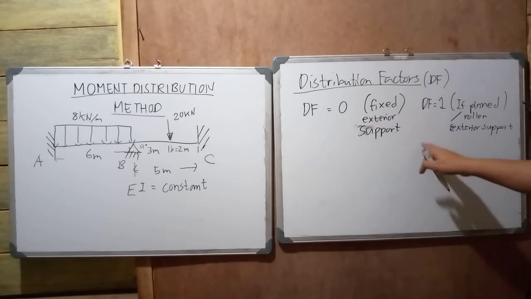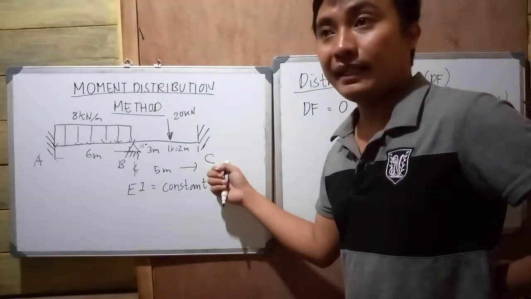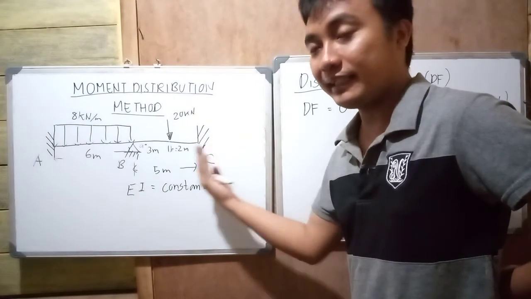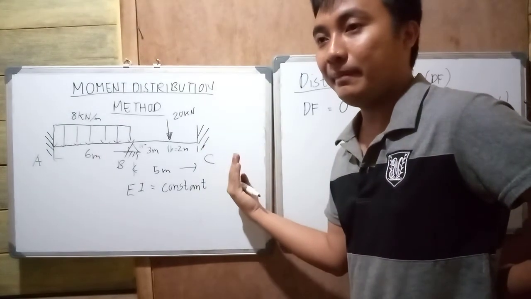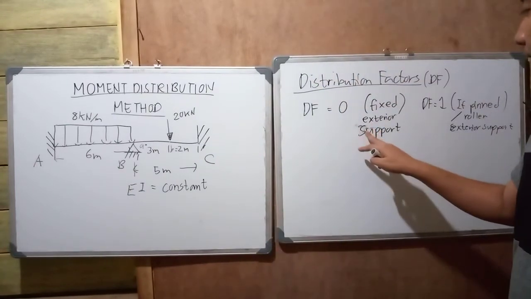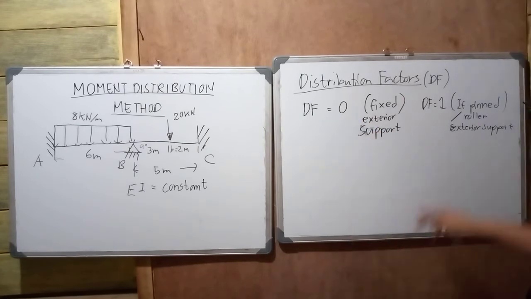So, sa bawat supports, either dito sa side A o dito sa C, kasi nasa hulihan sila, nasa exterior side sila ng beam. So, ang distribution factor nila, it's either 0 or 1. 0 kapag fixed, and then 1 kapag pinned or roller. And then, yan, para madali.